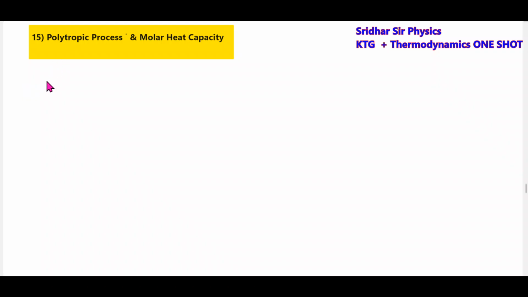We'll define first the molar heat capacity, which is equal to heat absorbed per unit mole per unit rise in temperature.